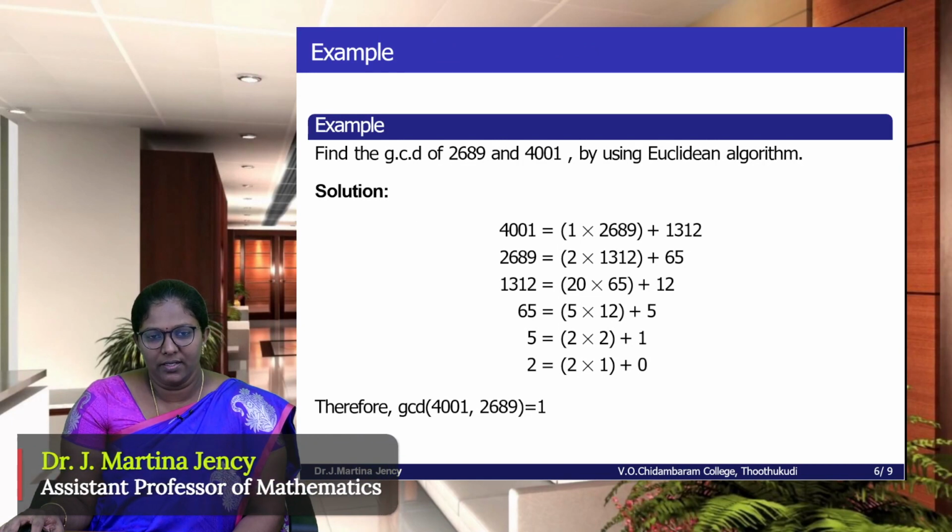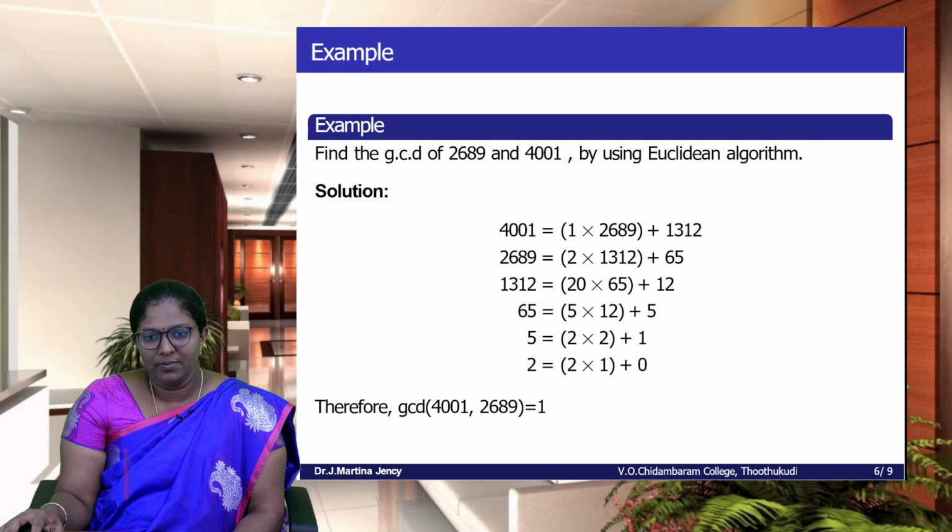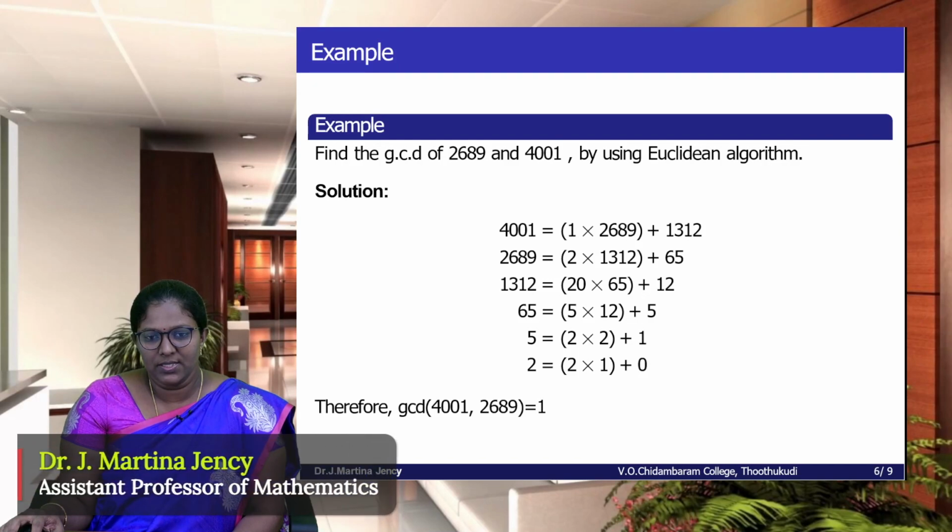So here we have an example. By using the Euclidean algorithm, we are going to find the GCD of 2689 and 4001. Among these two numbers, the bigger one is 4001. By using the division algorithm, 4001 can be written as 1 times 2689 plus the remainder 1312. Again, express 2689 as 2 times the remainder 1312 plus 65.